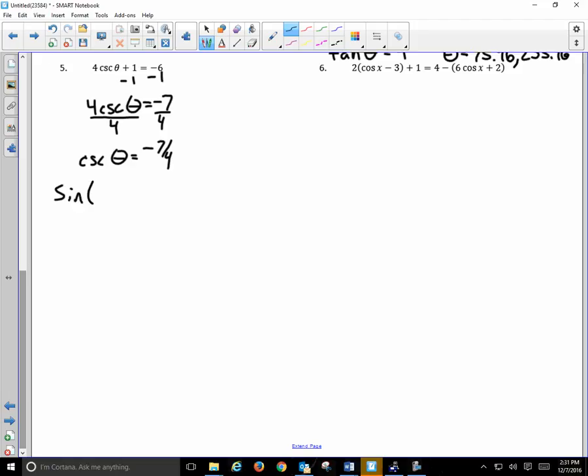Sine of theta is equal to negative 4/7. What do I do now? Quadrants. Sine positive or negative? Which quadrants is sine negative in? 3 and 4.